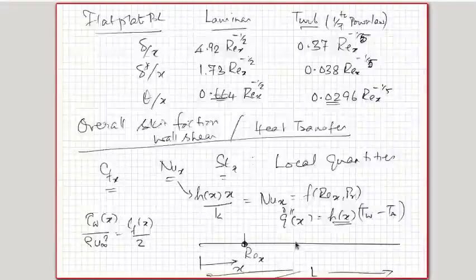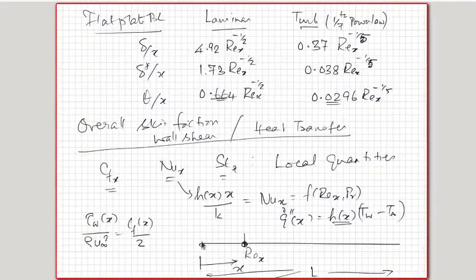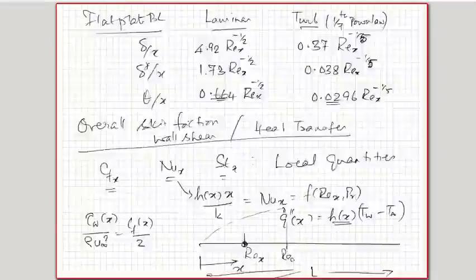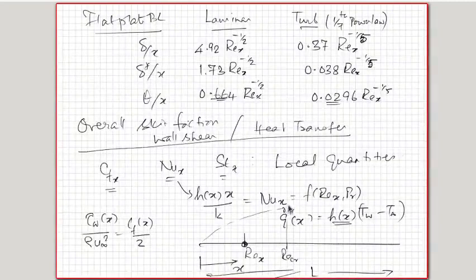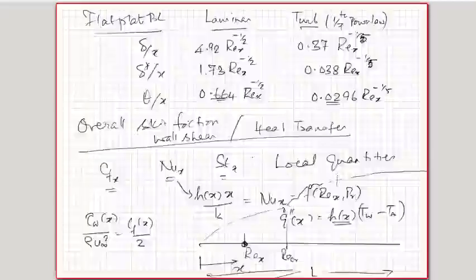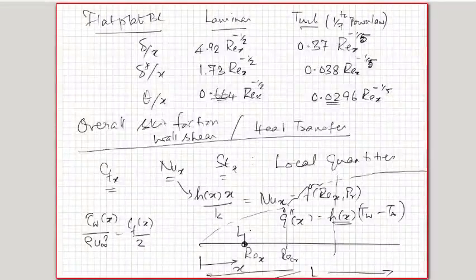The flow remains laminar until a certain distance called Re critical. Beyond that this flow gets disturbed and then it becomes fully turbulent. So you have a laminar region, you have a transition region, and you have a turbulent region.